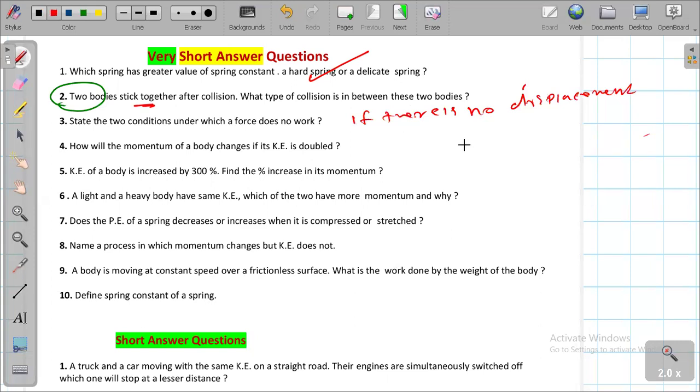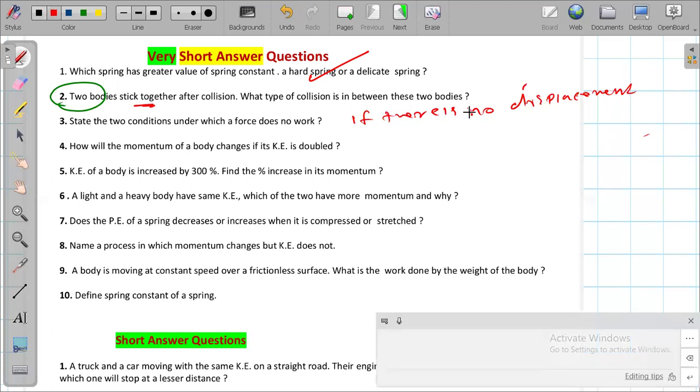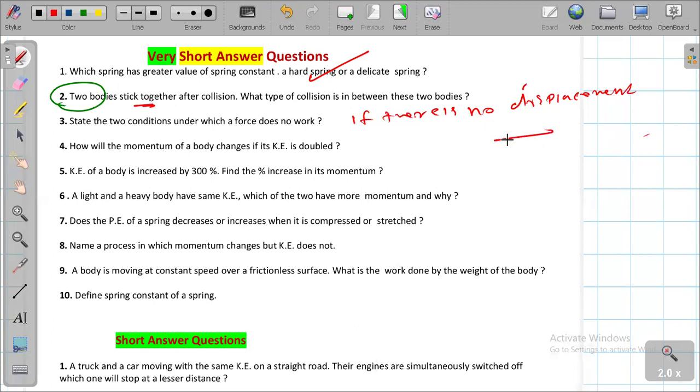That's what Navisan asked me, how to calculate this question. It is almost like the 9th question, I think. The other condition is that the displacement is perpendicular to the direction of force. If you are just applying parallel to that, nothing would happen.